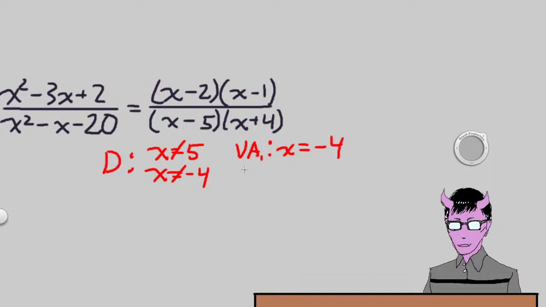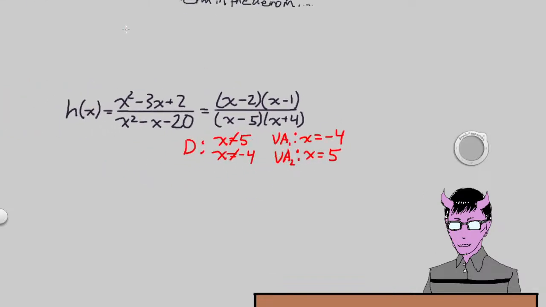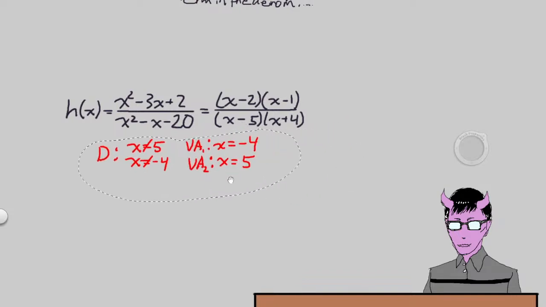And then vertical asymptote number 2, this is all arbitrary, it doesn't matter which one you call which one, x is equal to positive 5. I know I kind of swapped the order, but like I said, it's not important. It's just for naming sake.